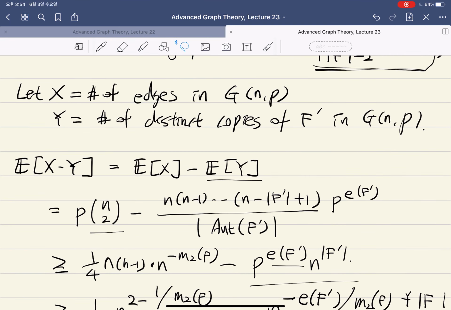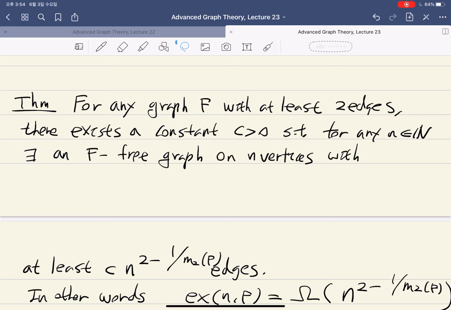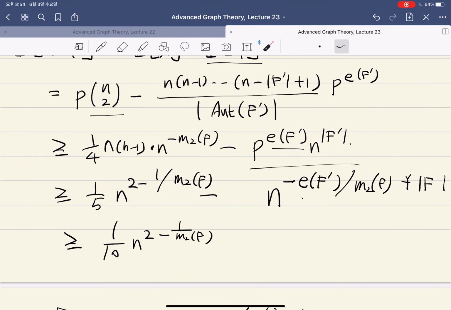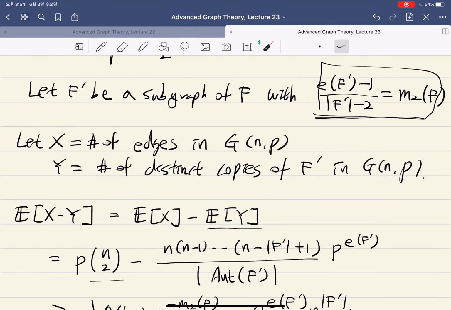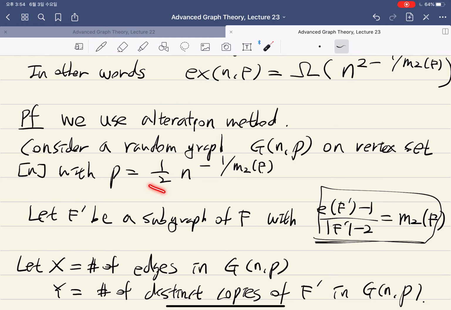p to the e of F. It seems that I might have messed up on the constant, but by choosing the right constant, probably this has to be changed into 1/3 or 1/4.